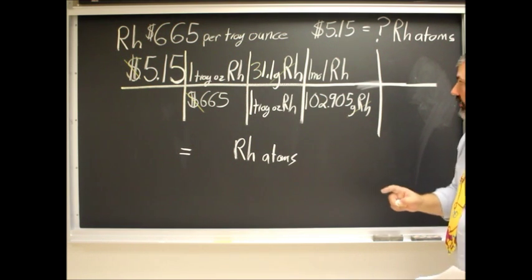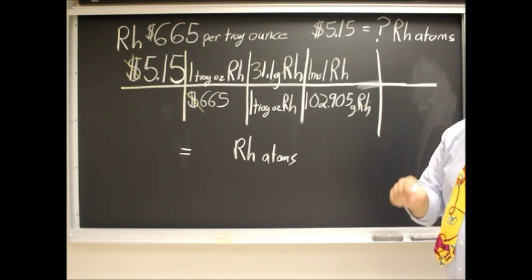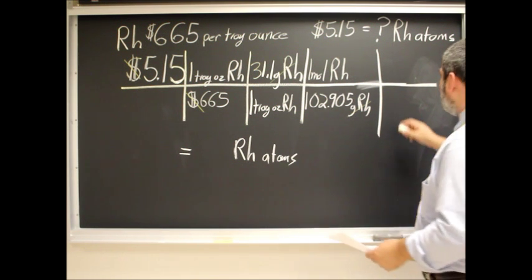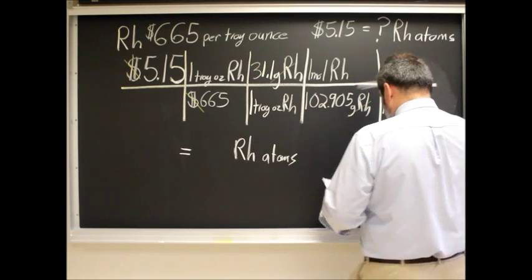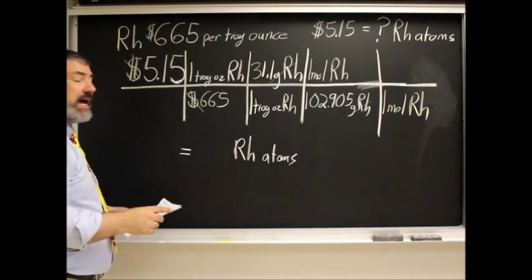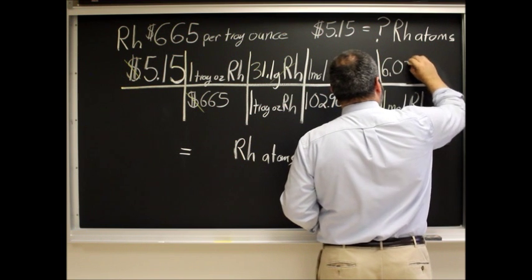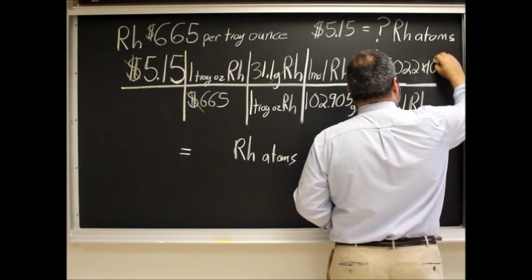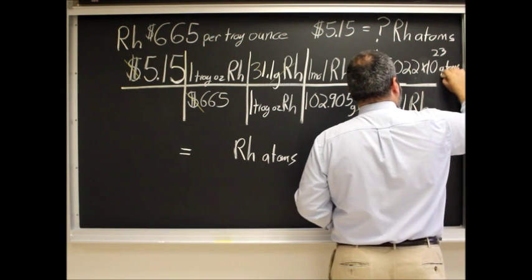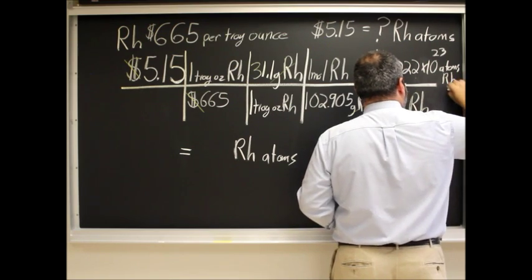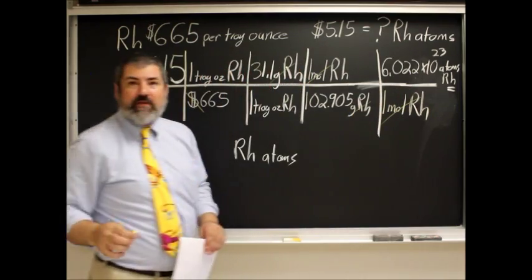But that's okay, because we have to remember what the definition of Avogadro's number is, what a mole is. 1 mole of rhodium is 6.022 times 10 to the 23rd atoms of rhodium. Moles of rhodium cancel.